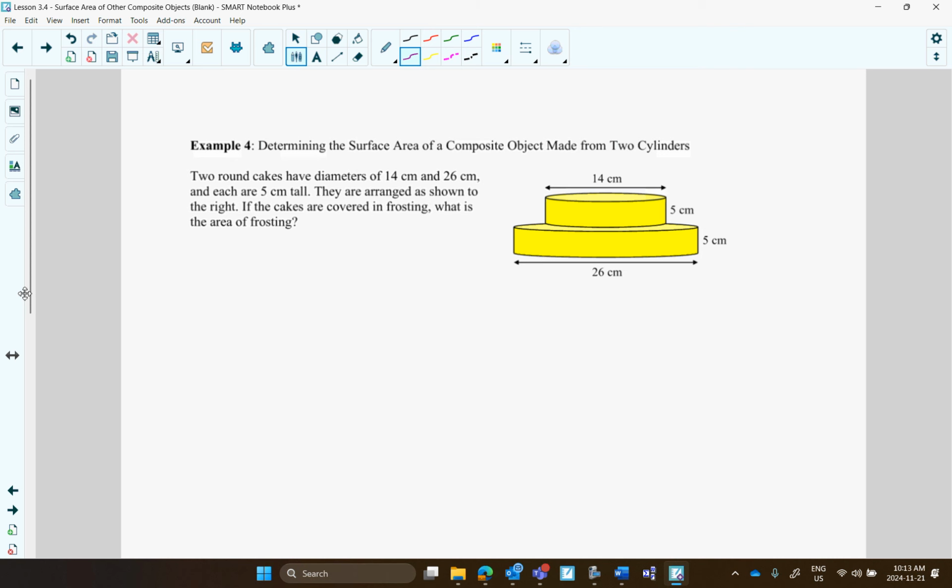So how do we find the surface area? Remember what we did with the rectangular prisms yesterday? We split them apart, found the surface area of each, and then put them together and subtracted away what got hidden. So let's split them apart.